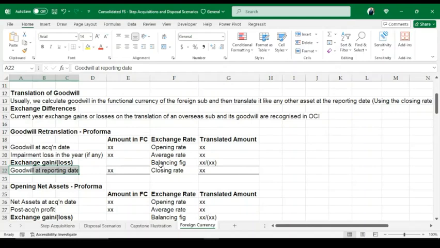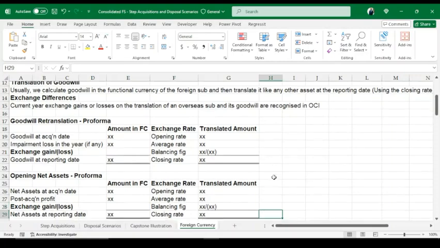Then the difference between the closing goodwill amount and the addition of the opening goodwill amount plus impairment loss is going to be an exchange gain or loss on retranslation of goodwill. This is going to be recognized in other comprehensive income. All right, so take note of that.